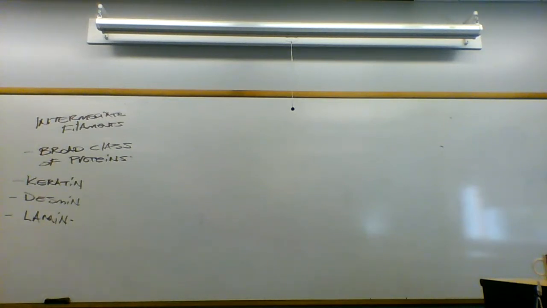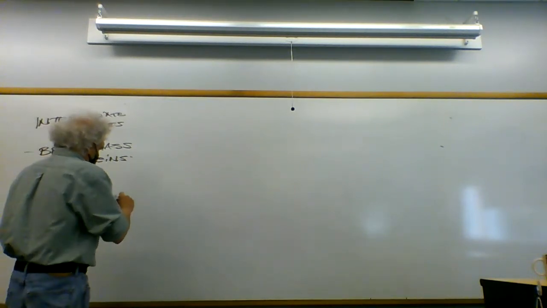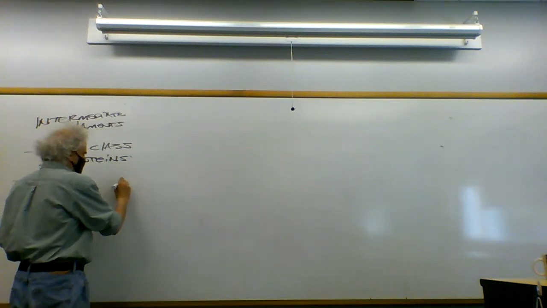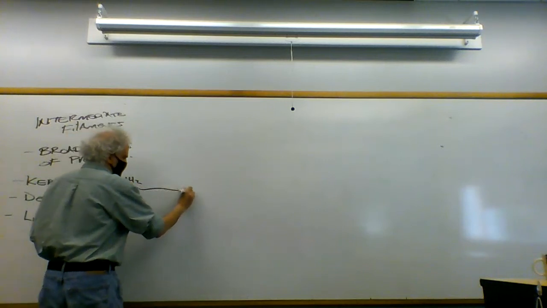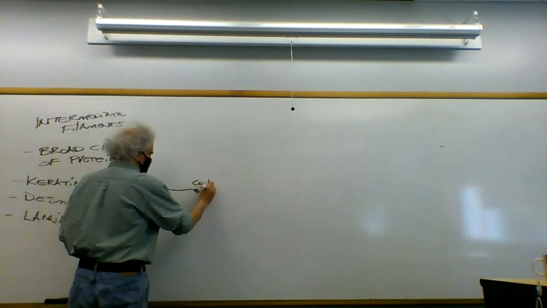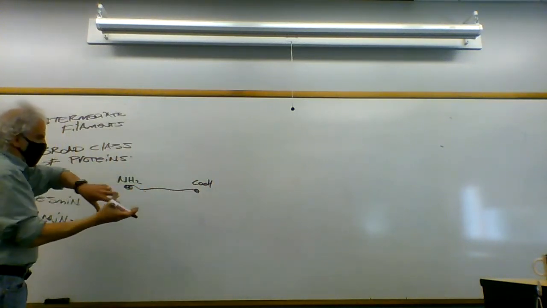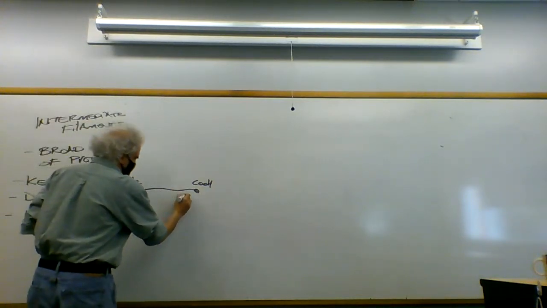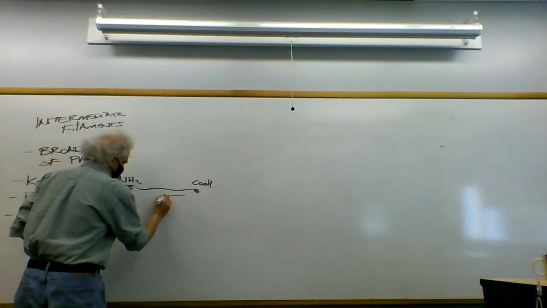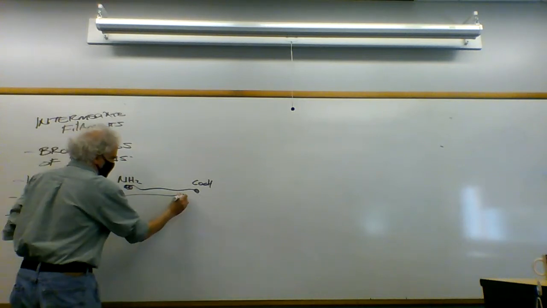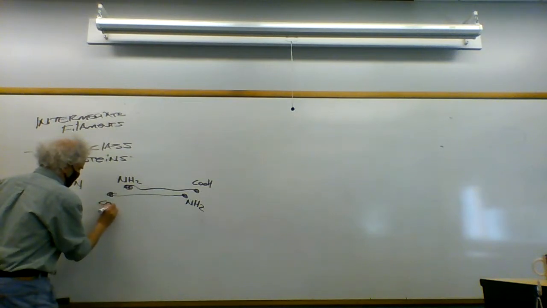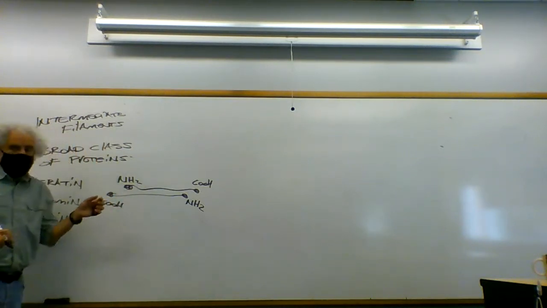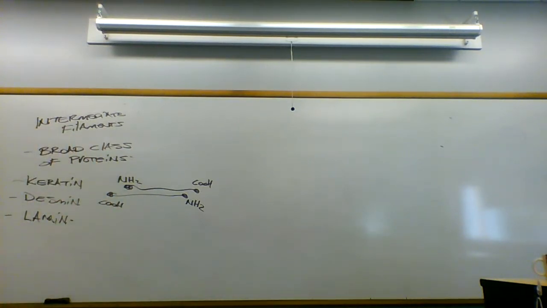And one of the key points of intermediate filaments is they're going to line up like this, where we've got the amino terminus and the carboxy terminus. And they will auto-assemble into subunits that start to look like this, where we have the amino terminus and the carboxy terminus. The point is they form as dimers that then can begin linking together.